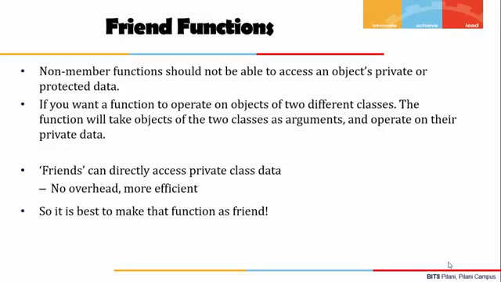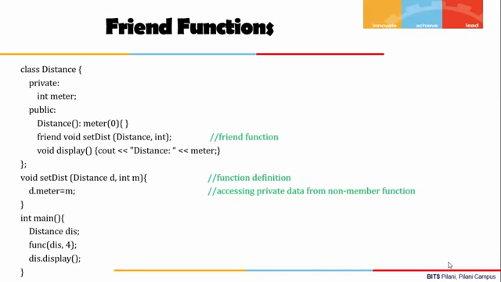In this situation, there is nothing like a friend function. Friend can directly access the private data. It is more efficient without any overhead. So, we will see one example to understand this. If you see this class distance, the set distance function is a friend function.